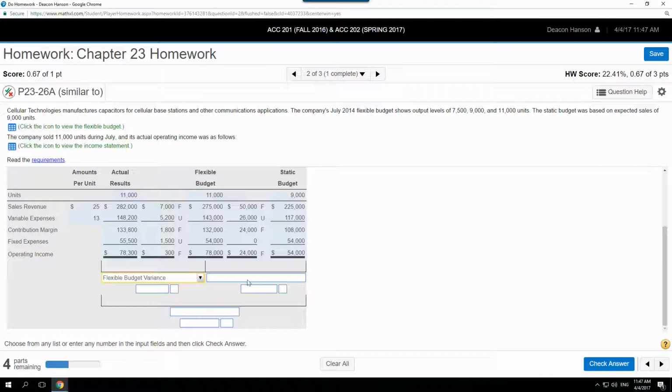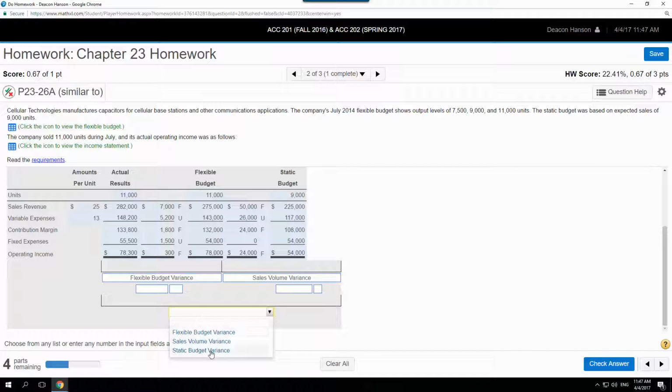And this one over here the sales volume variance, because it's based on the difference in sales volume. That's what's driving the difference between these two. And the overall one will be called the static budget variance, because that's comparing actual to the static.